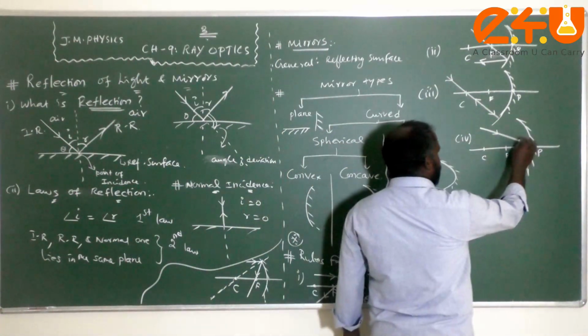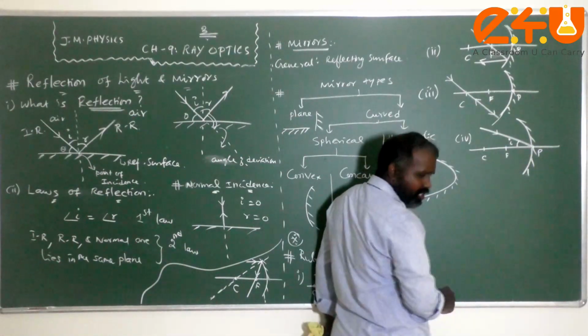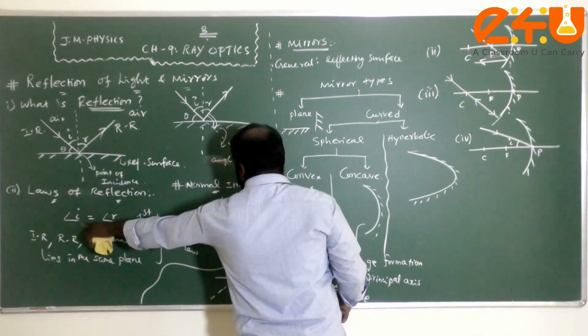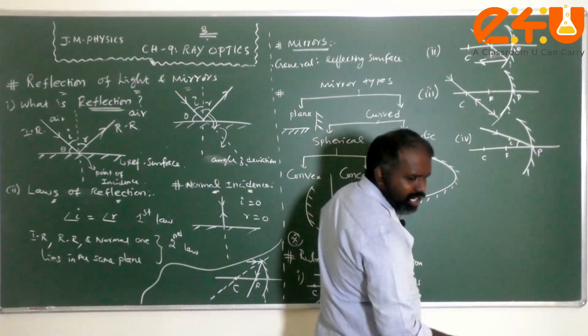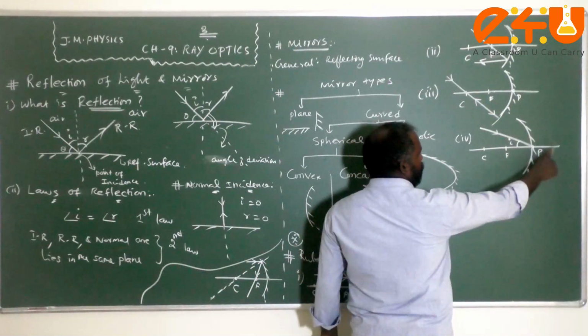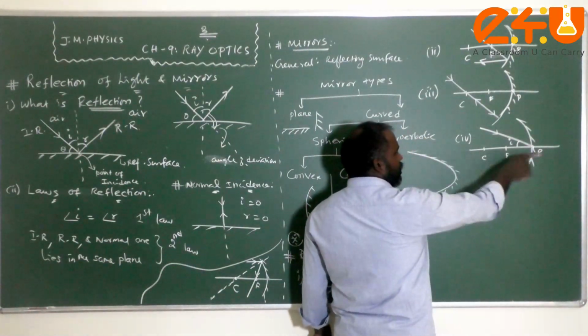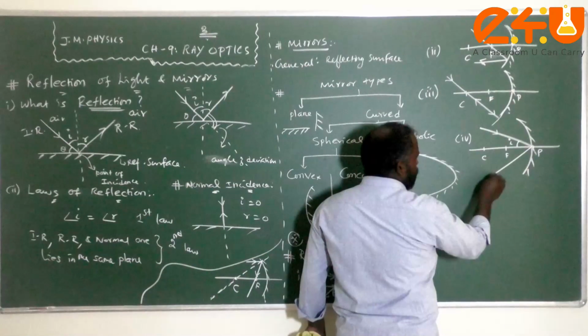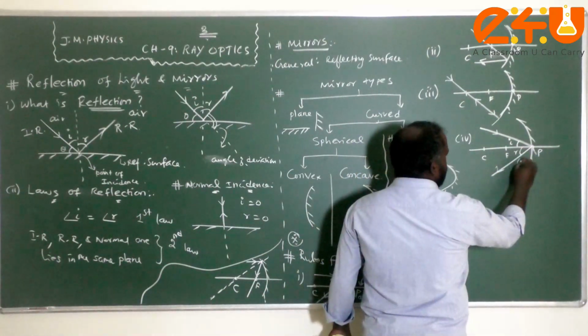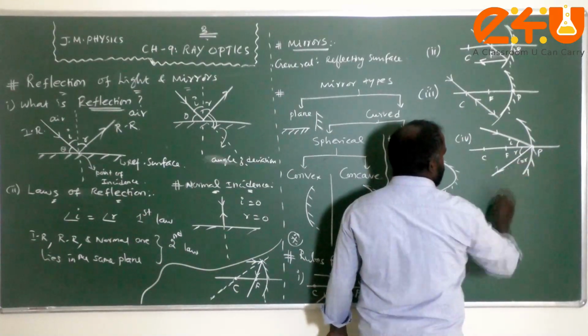Normal. Therefore, let us consider this is the angle of incidence i. According to the laws of reflection, angle of incidence should be equal to what, children? Angle of reflection with respect to this normal. In this case, the principal axis itself acts as the normal. Therefore, this is the last or fourth rule, where i is equal to r. Where i is equal to what, children? r.